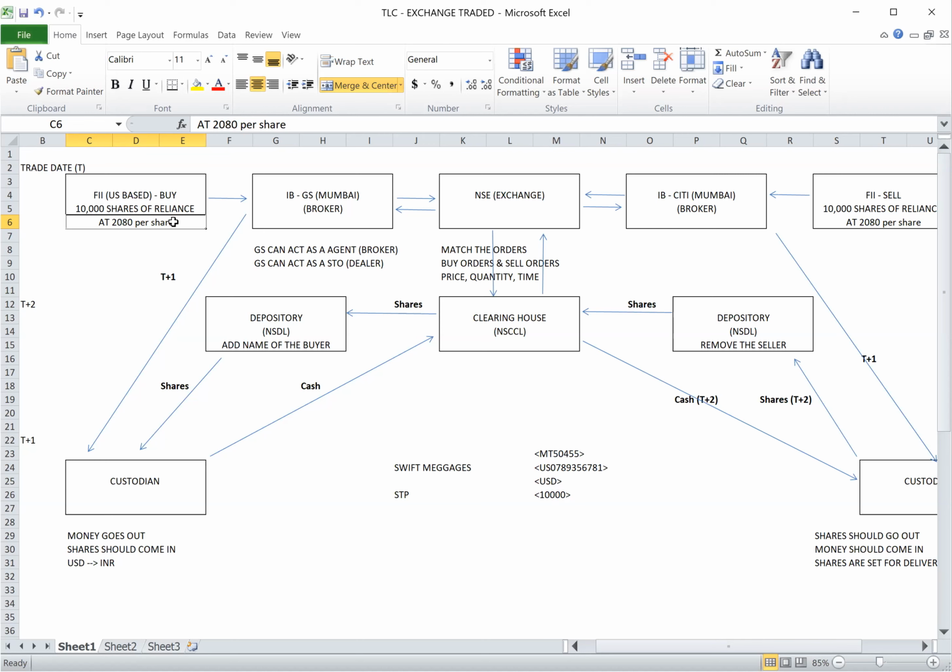What they want is the mutual fund company should make the decisions on which share to buy, when to sell. All these things should be handled by the fund manager, but they don't want the mutual fund company or the fund manager to keep all the shares and all the cash in their custody.